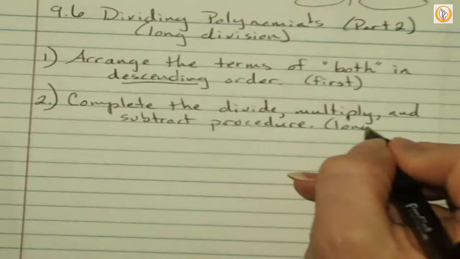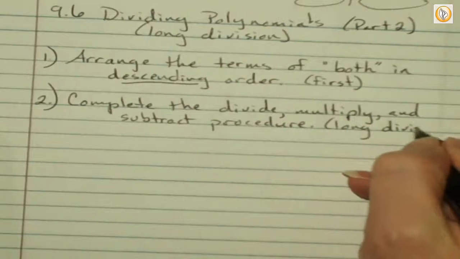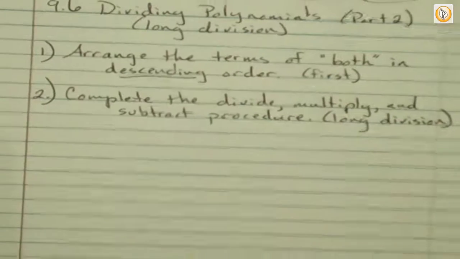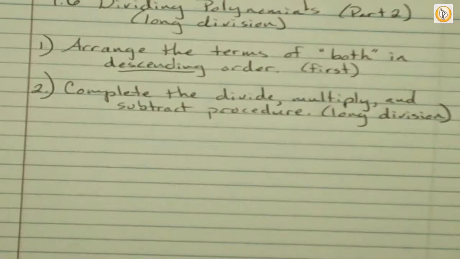Basically, you're doing your normal long division. And if you hate long division, you may not be a fan of this. But you got this. Again, make sure you take all notes. If you can't see, move up.